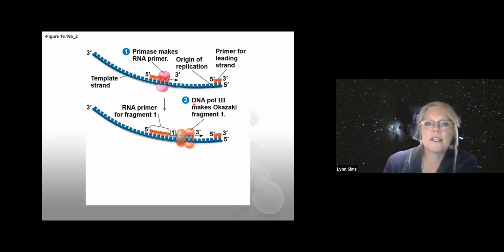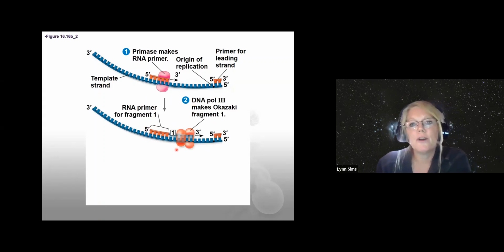So then if we click to the next segment right here, DNA polymerase 3 is going to synthesize DNA. It's going to attach bases to the end of the RNA primer and create Okazaki fragment number 1. Okay, so now we have Okazaki fragment number 1. This will continue synthesis until it reaches this primer right here.